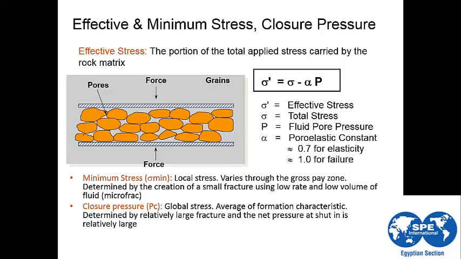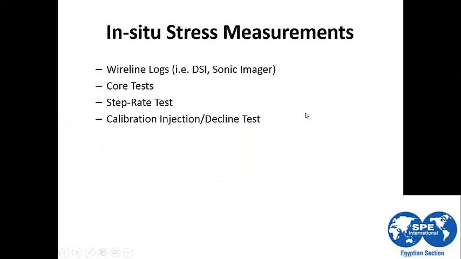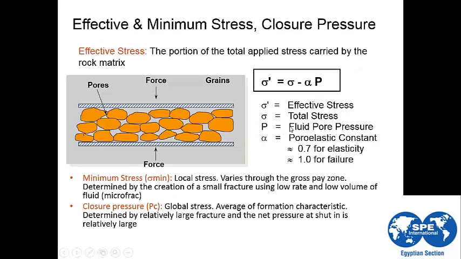To calculate the effective stress, we should remove the stress that is carried by the fluid. We calculate the total stress applied on the rock and carried by both fluid and rock grains.